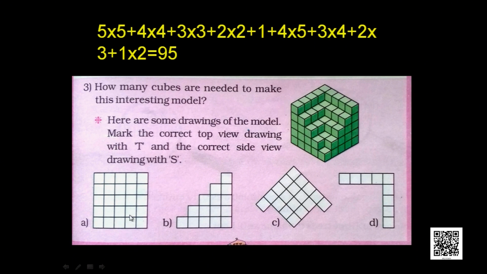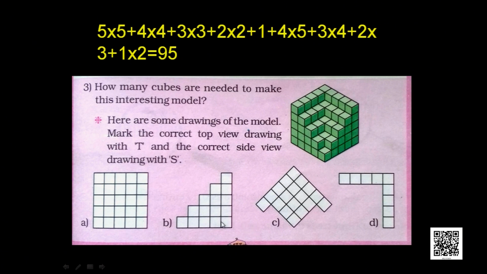So, this A represents the picture that one will see when he sees this model from the top. He will see a square, and inside it many small squares, or he will see a grid.